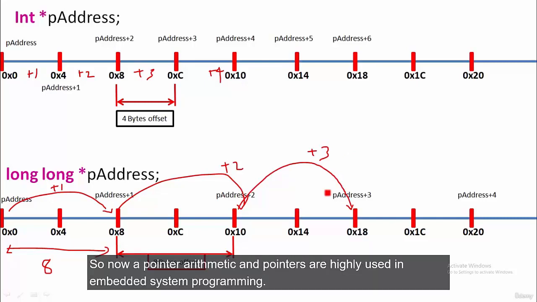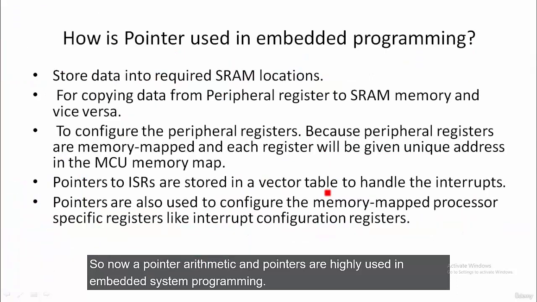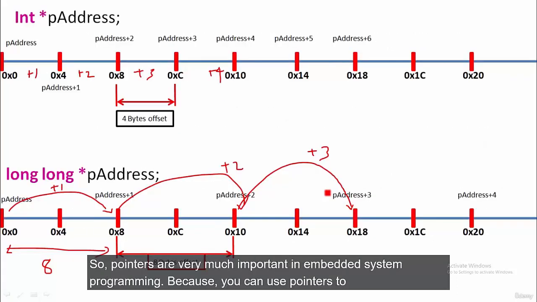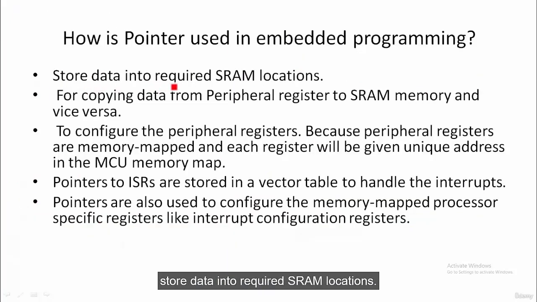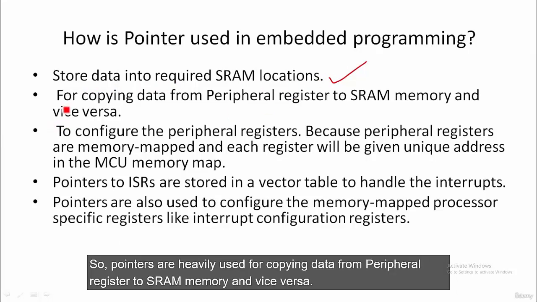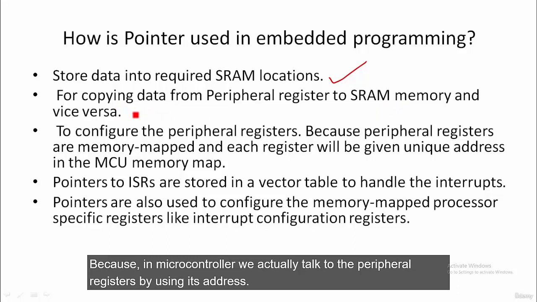Now pointer arithmetic and pointers are highly used in embedded system programming. Pointers are very important in embedded system programming because you can use pointers to store data into required SRAM locations. Pointers are heavily used for copying data from peripheral register to SRAM memory and vice versa. Because in a microcontroller, we actually talk to the peripheral registers by using its address.